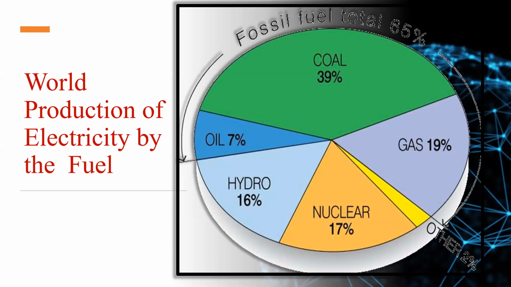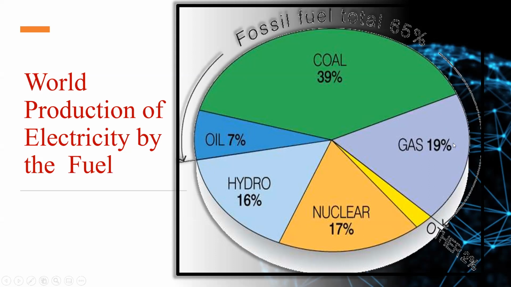There are different modes, and the most of it is thermal power plant. By using thermal power plant we generate most, that is 40 to 45% of electrical energy.